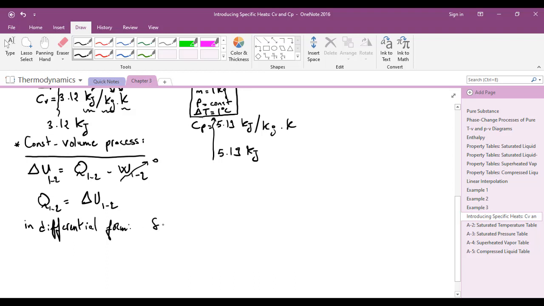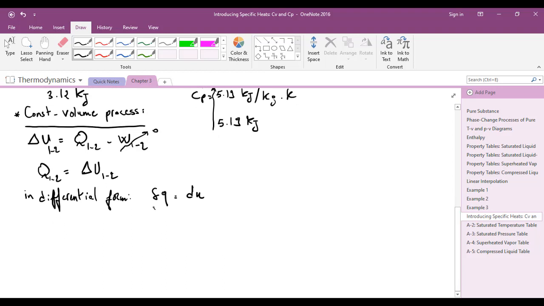And we can say delta Q from 1 to 2 is equal to du, the amount of energy supplied, written per unit mass.